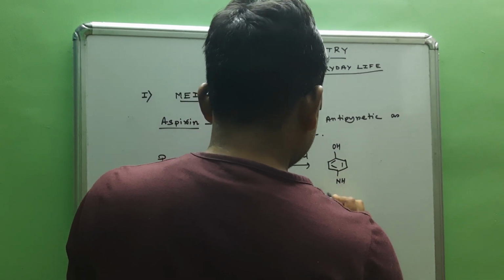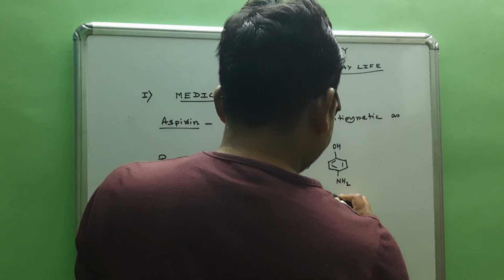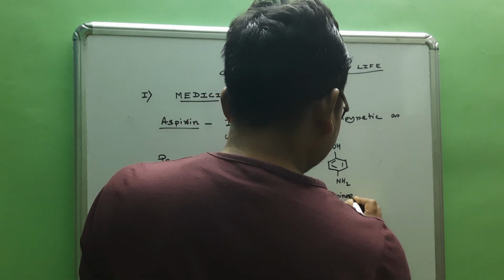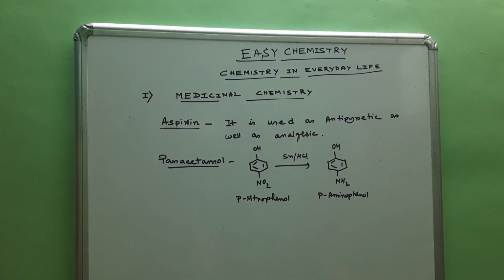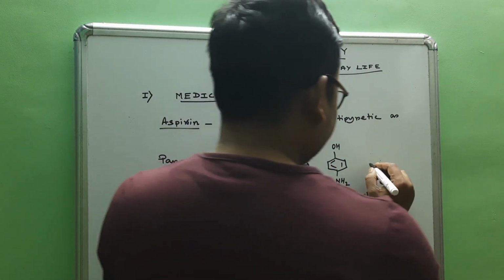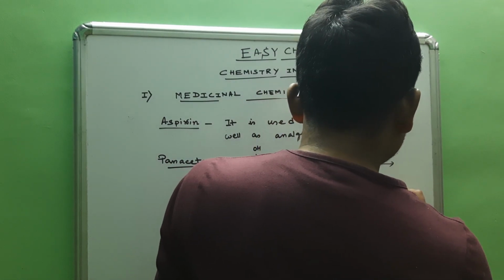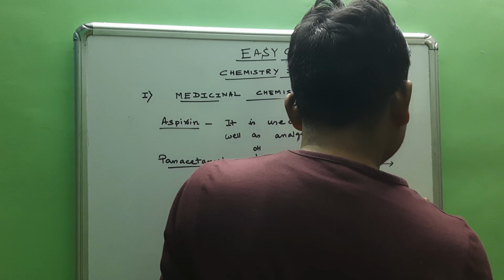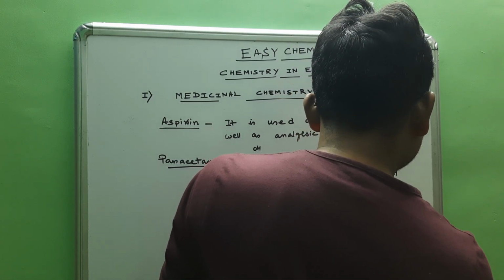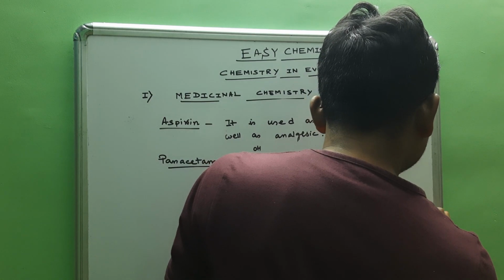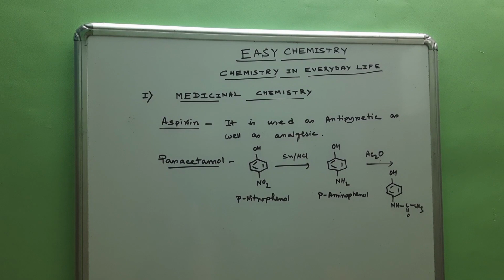So it becomes para-aminophenol. Then treat this with acetic anhydride. It becomes paracetamol, NHCOCH3.